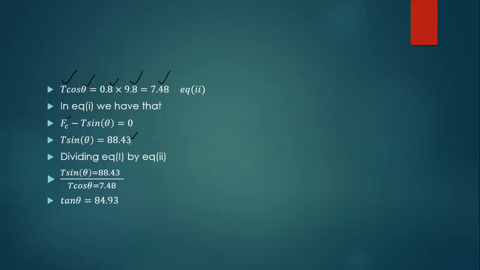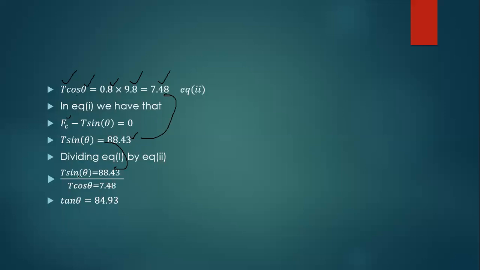So then we can divide this equation by that equation. All right, so we have T sine theta is equal to 88.43 over T cos theta is equal to 7.48.